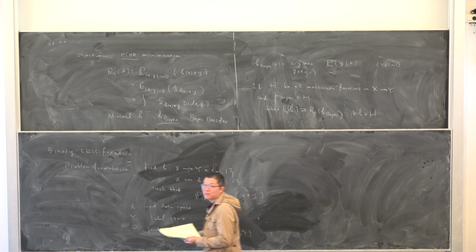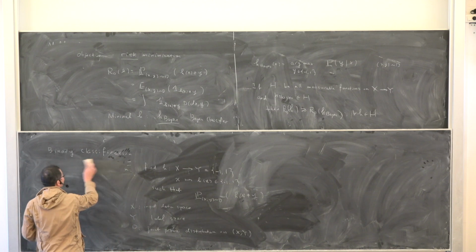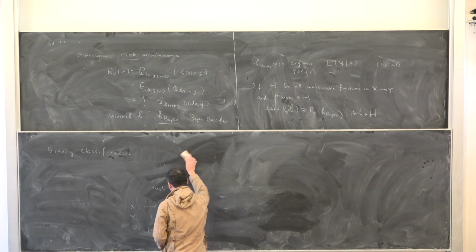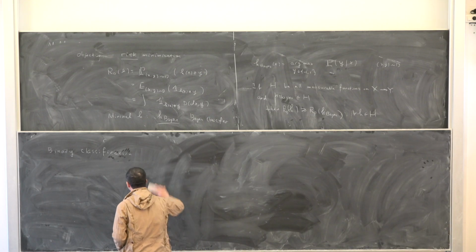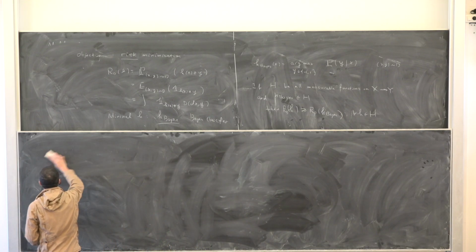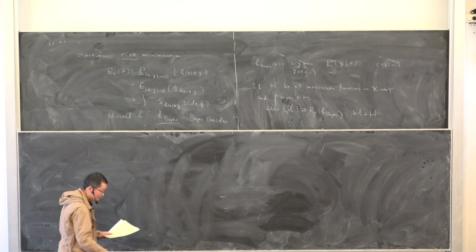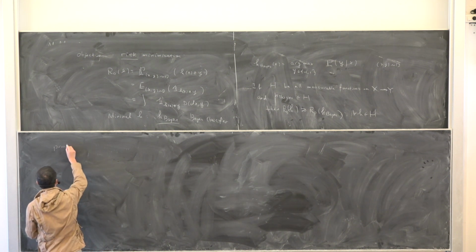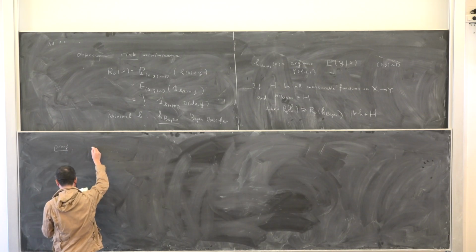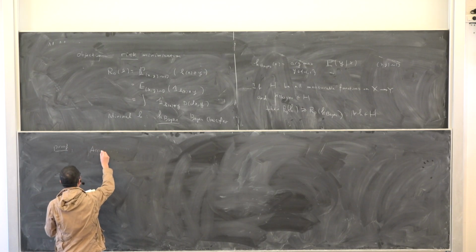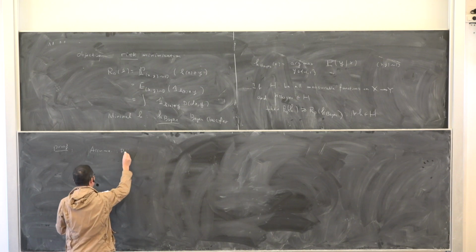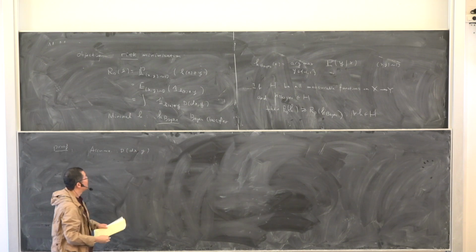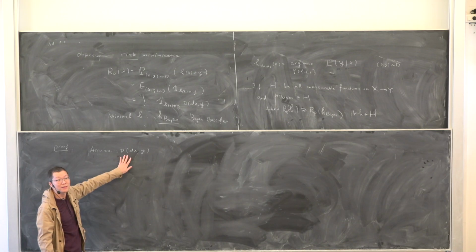So now let me give you a proof of this. So the proof. I'm talking about a probability distribution D over a space X here.